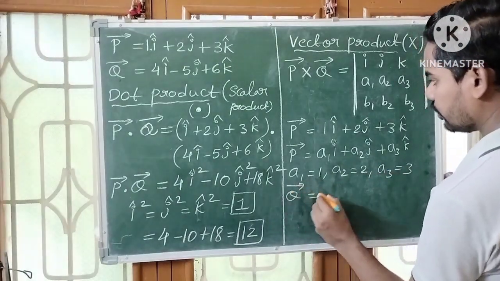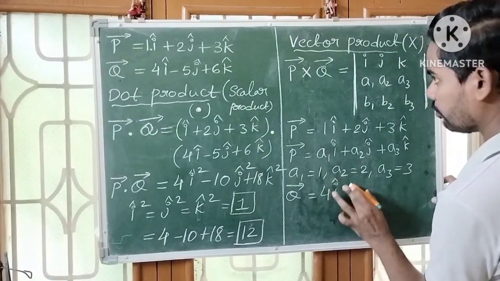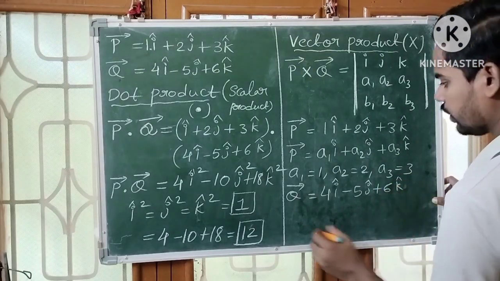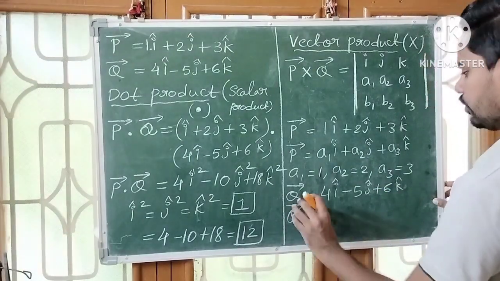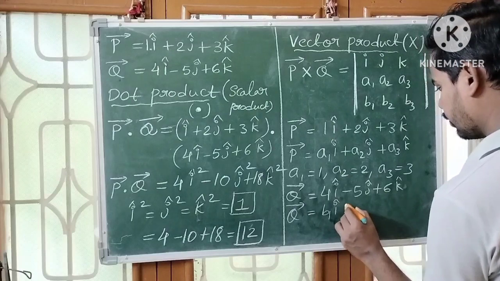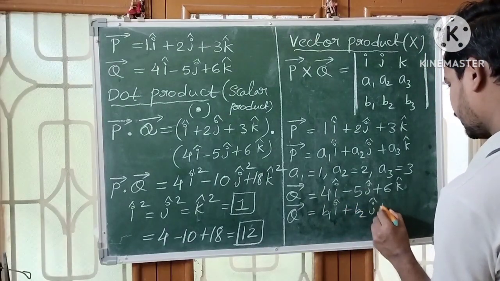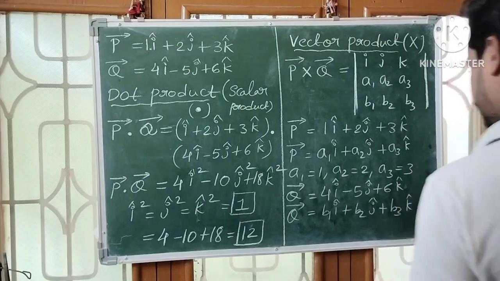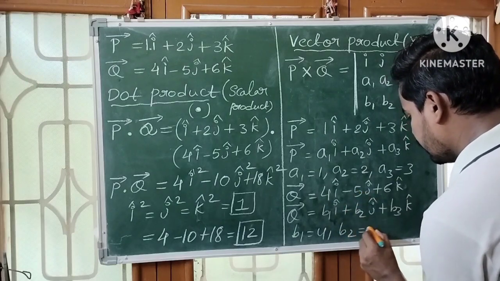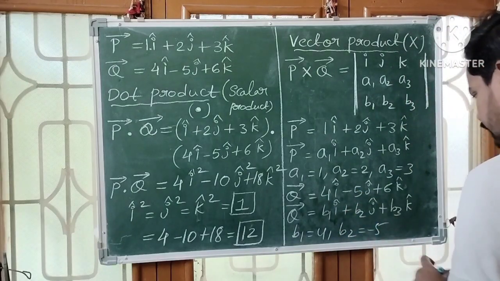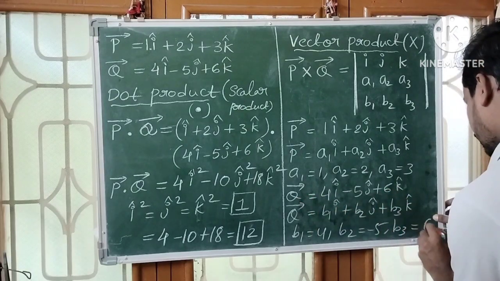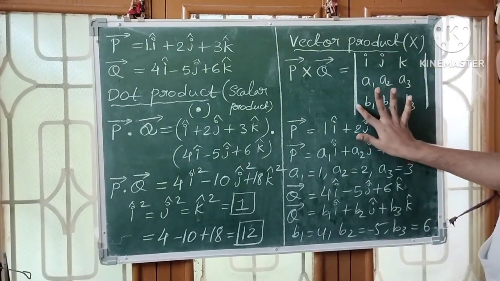Similarly, vector Q is equal to 4i cap minus 5j cap plus 6k cap. Standard form of vector Q is b1 i cap plus b2 j cap plus b3 k cap, where b1 is equal to 4, b2 is equal to minus 5. Compare coefficients of unit vectors in x, y, z direction. You will get b3, component of vector Q in z direction, is equal to 6. Substitute all values in this formula.